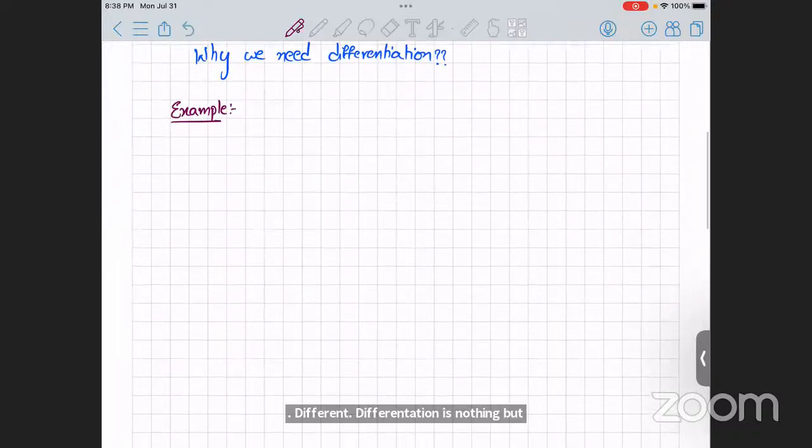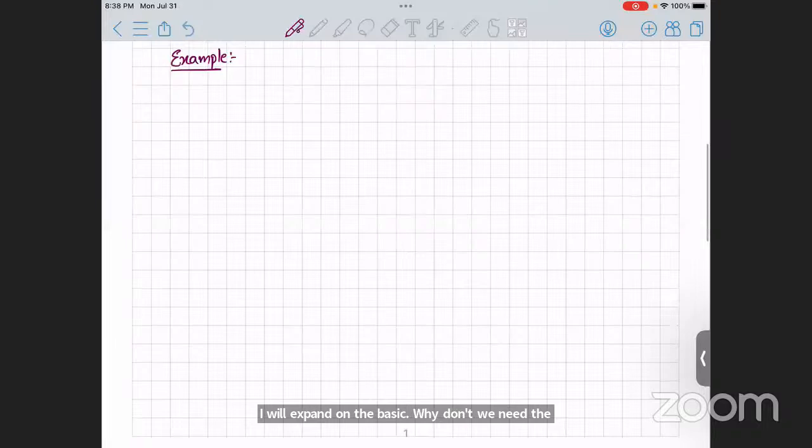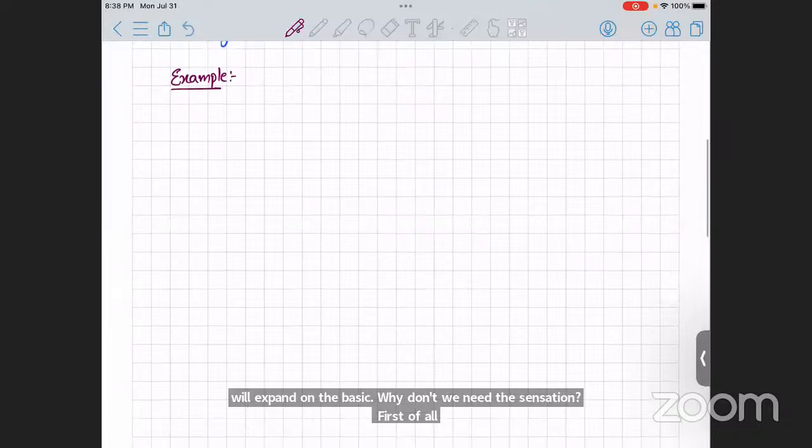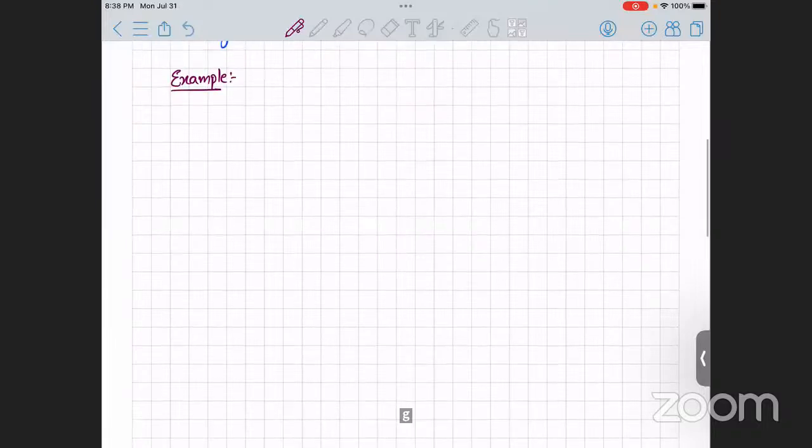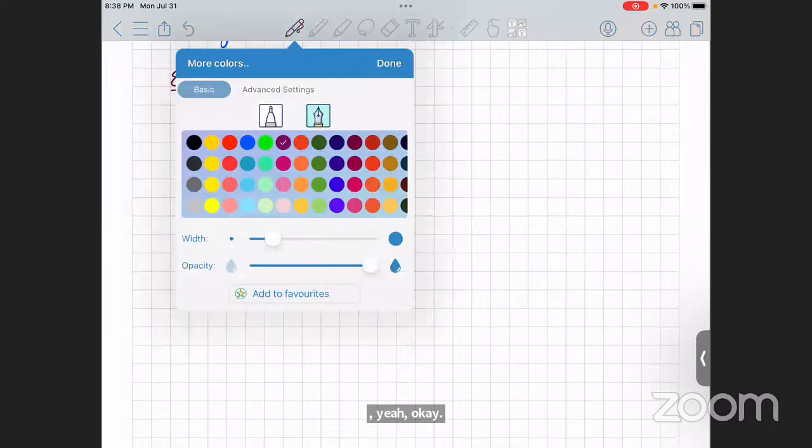Why do we need differentiation? Differentiation helps us to observe the change in something with respect to the change in that function on which it depends. I will explain this so that everyone will understand.